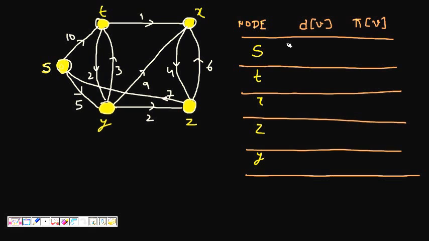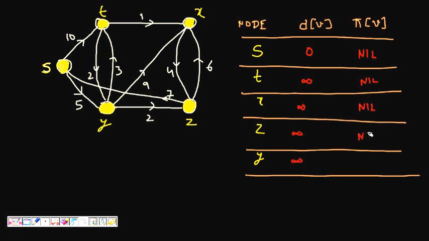With the initialization, d of s will become 0, pi will be nil for all of them, the distance will be infinity, and the parent will be nil.